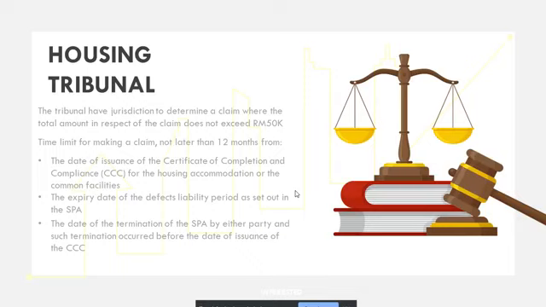So 12 bulan daripada expired date of the defect liability period. So defect liability period tu ibarat adalah warranty lah, warranty for new home. Biasanya dalam masa 2 tahun lah. DLP ni biasanya dalam 2 tahun je.